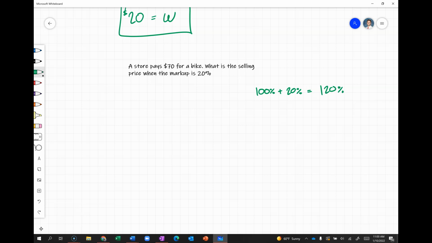So again, we'll do both methods. First would be to say, okay, we want to find 20% of $70 to get the markup. So A is equal to 20% of 70, and that means A equals 0.2 times 70, which is going to be 14.